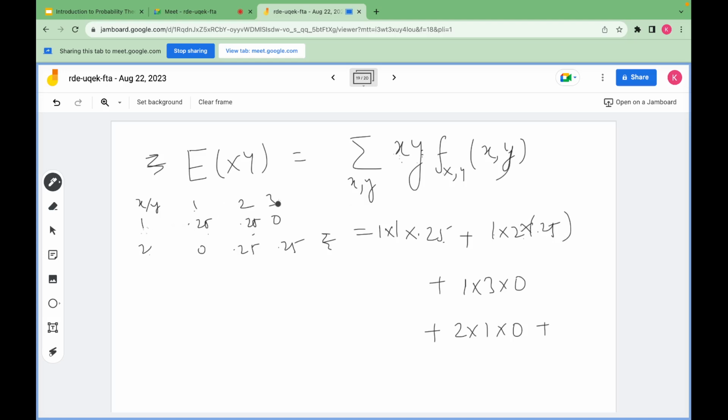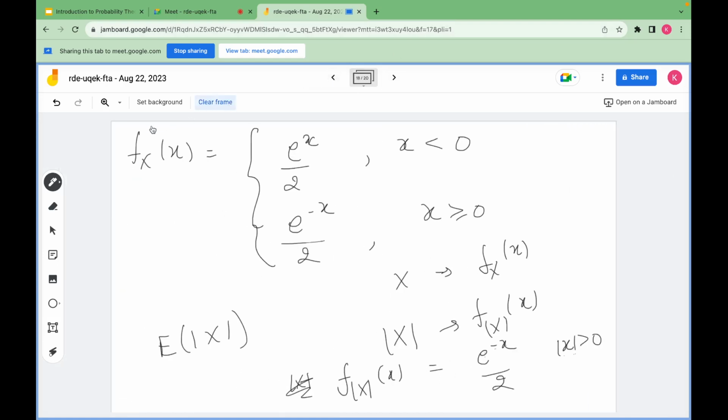Similarly for 1 comma 3 and 2 comma 1, and then 2 into 2 into 0.25 and plus 2 into 3 into 0.25. This will come out to be 13 by 4. So this is the expectation of xy.